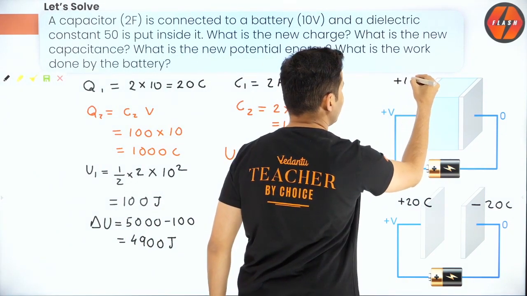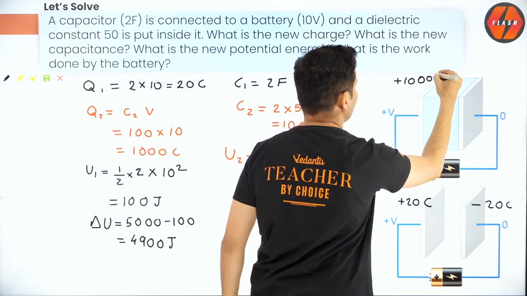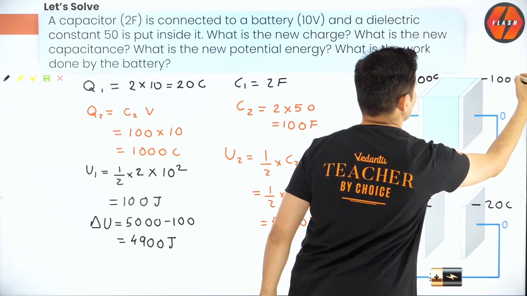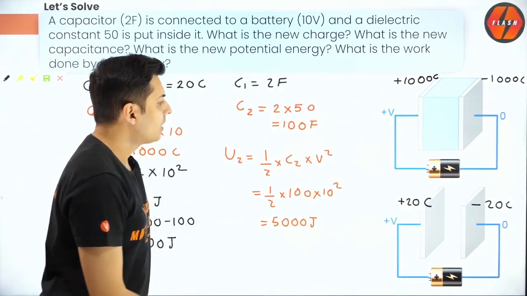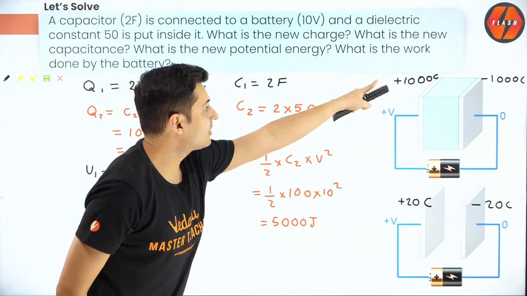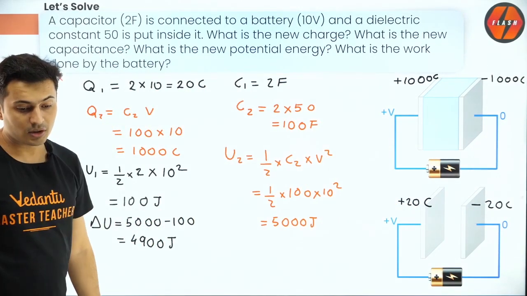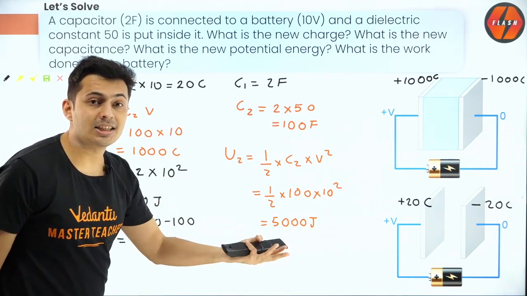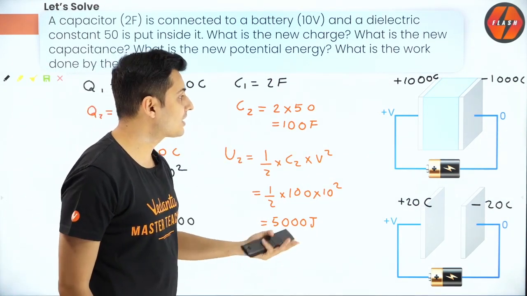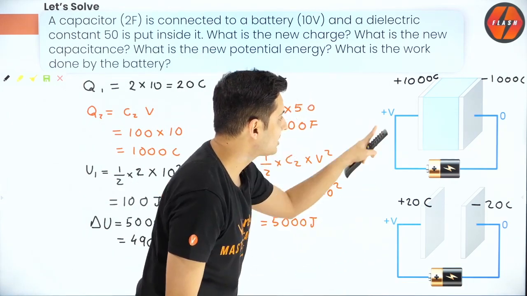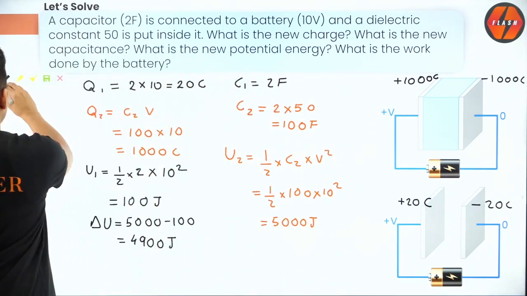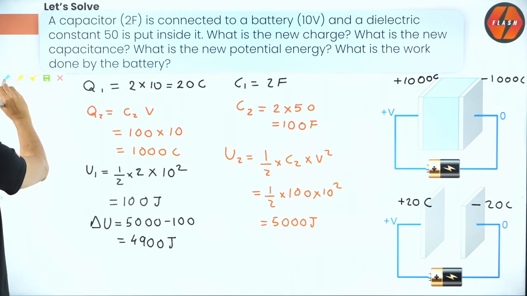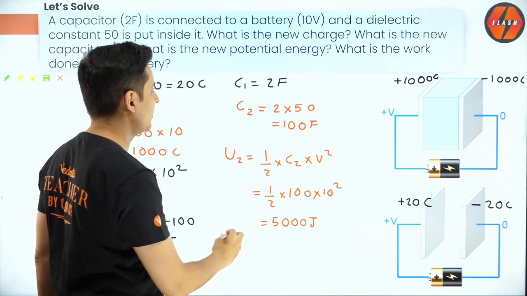This was minus 1000. So from 20, it has gone to 1000. There is a change in the charge, and obviously that charge has to be supplied by the battery.